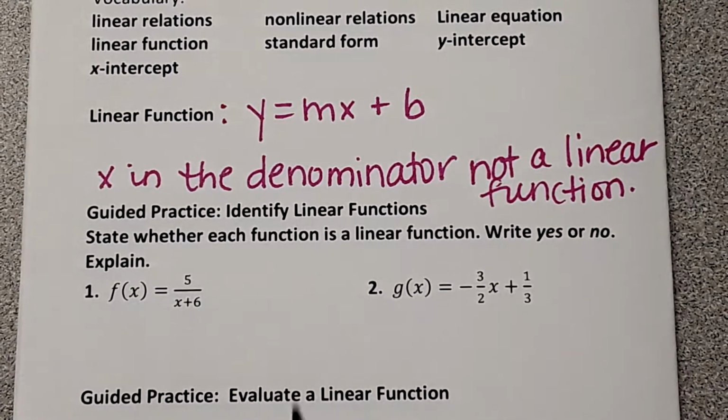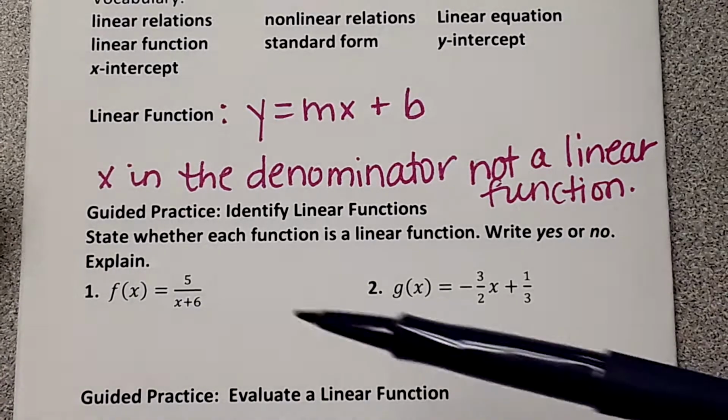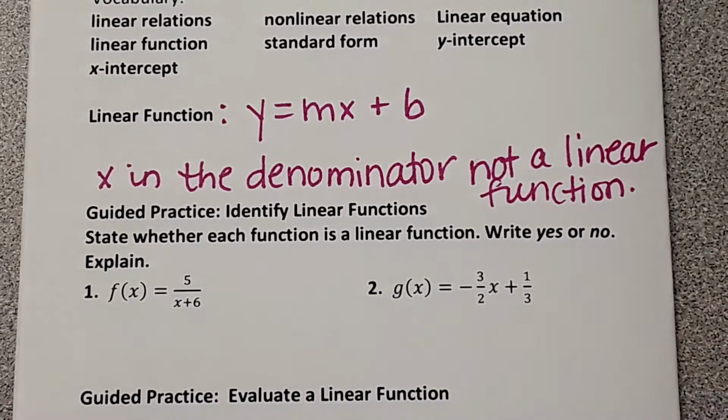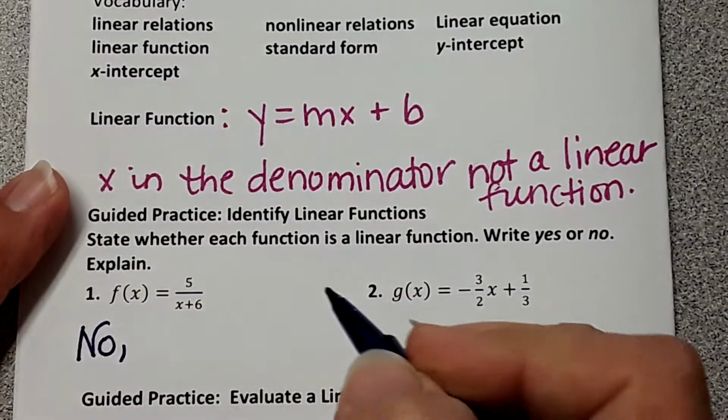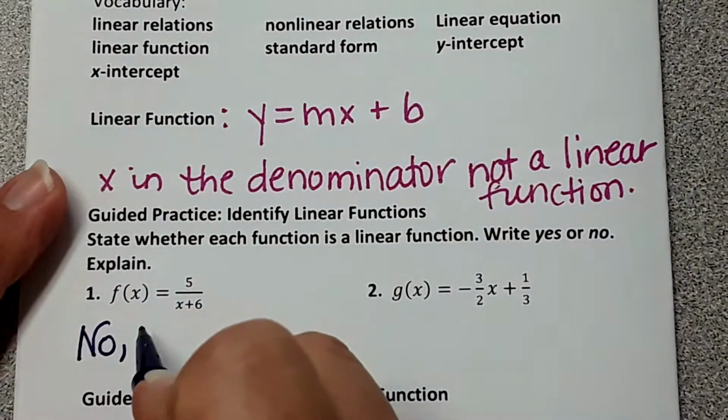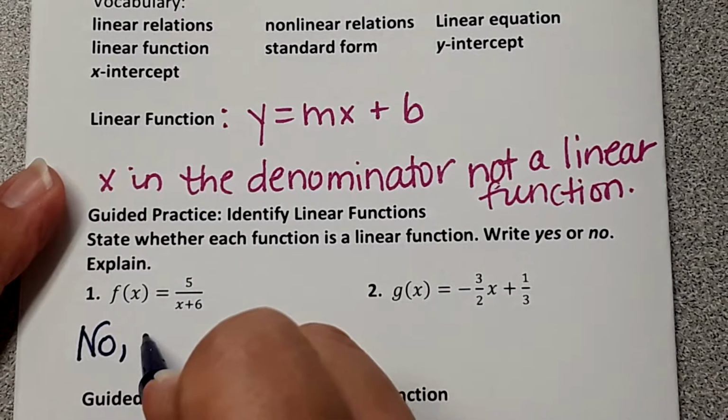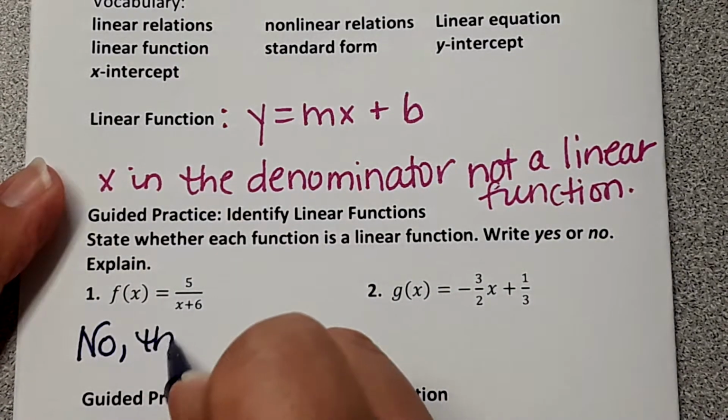So what we're going to do is we're going to look at 1 and 2. So is number 1 a function? No. And it says explain, and we would say there should be no variables in the denominator.